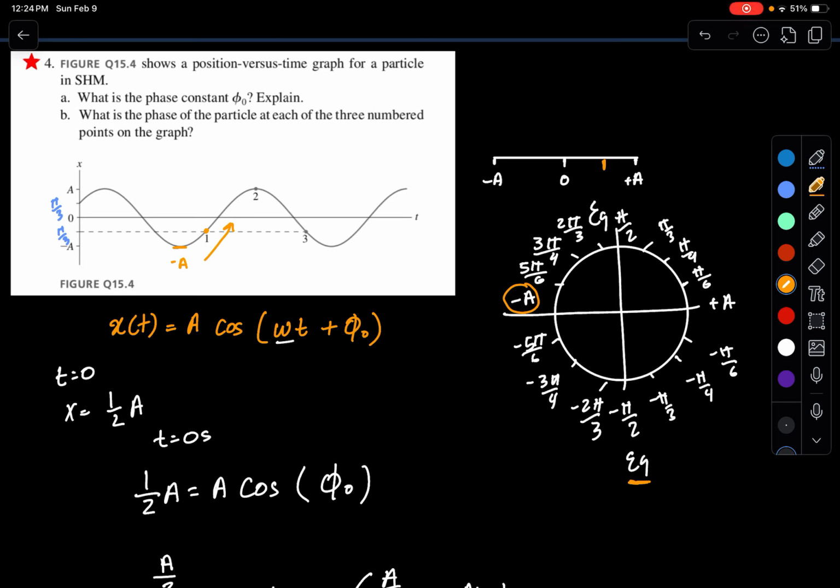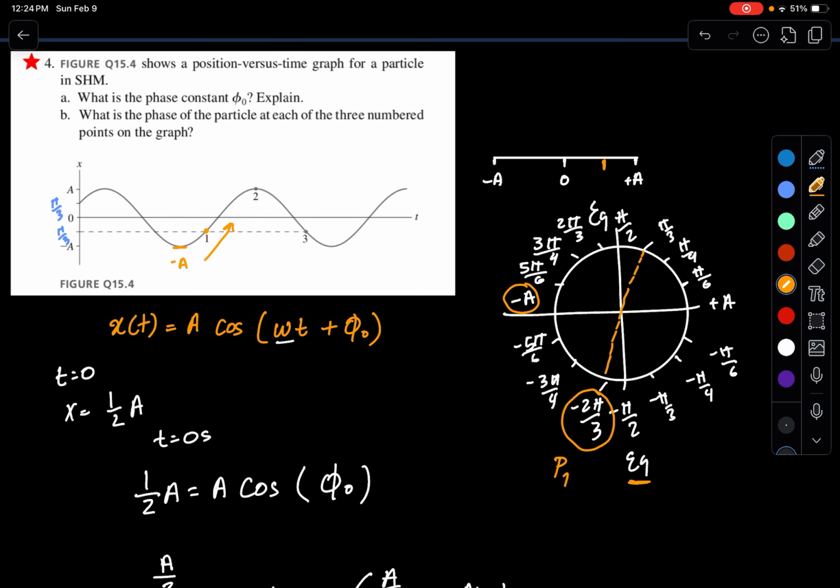Because this equilibrium means we left the negative amplitude and we are moving to the positive amplitude. And this must be minus 2 pi over 3, because it's the negative part of 2 pi over 3. Point 1.